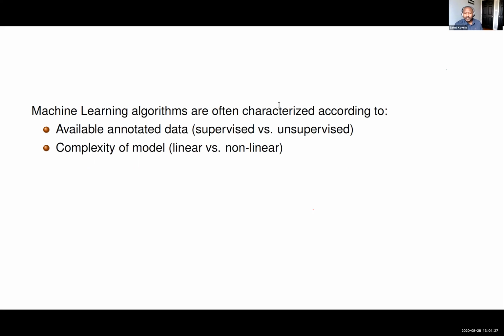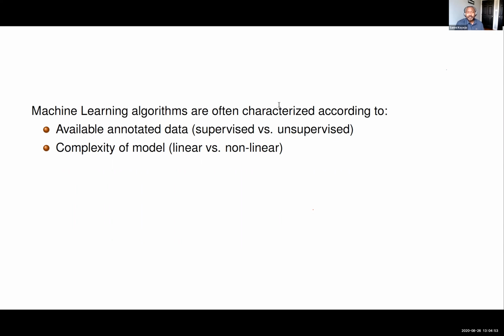Another way that the community tries to categorize machine learning is in terms of the complexity of the model. So we'll spend a bit of time talking about linear models in this class, but we'll also talk about nonlinear models. And the difference is whether the specification of what the model is doing is in terms of a linear function or a nonlinear function.